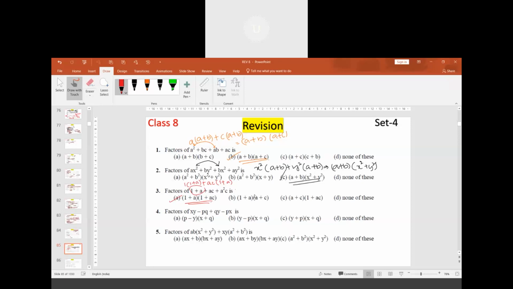Think about question number 4. It's easy. Is it easy? The term xy and px. y is taken common, we will be getting xy minus px plus q. We should take xy and px minus px common groups, sir.